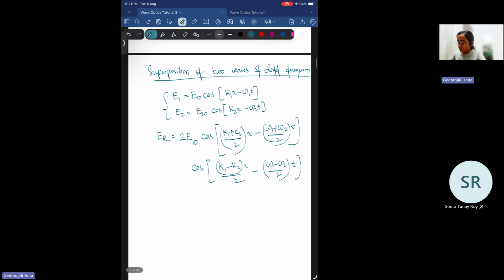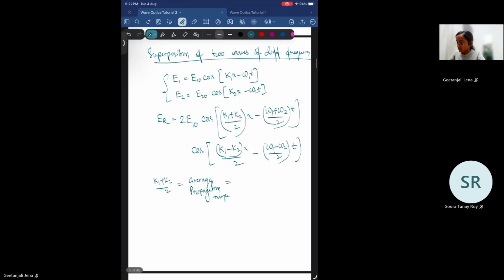In this expression, we have different types of angular frequency and wave number. This (k1 plus k2)/2 is what we call the average propagation number, and we denote it by kp.